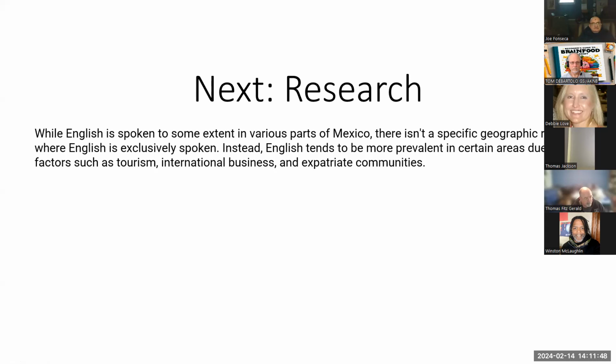While English is spoken to some extent in various parts of Mexico, there isn't a specific geographic region where English is exclusively spoken. Instead, English tends to be more prevalent in certain areas due to factors such as tourism, international business, and expatriate communities.